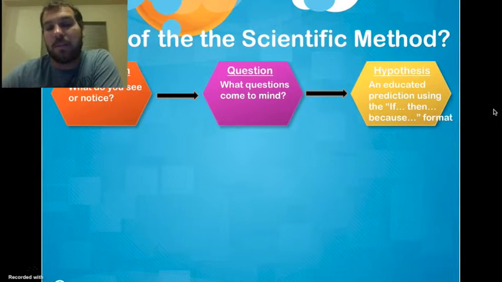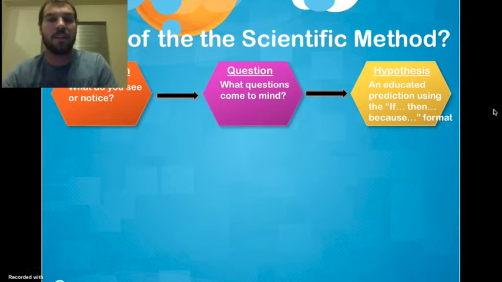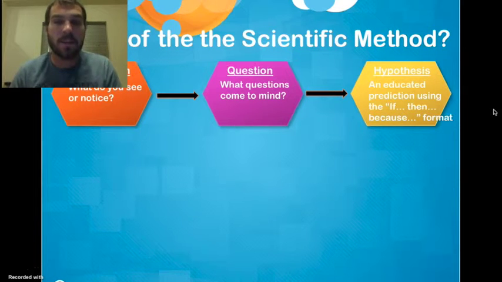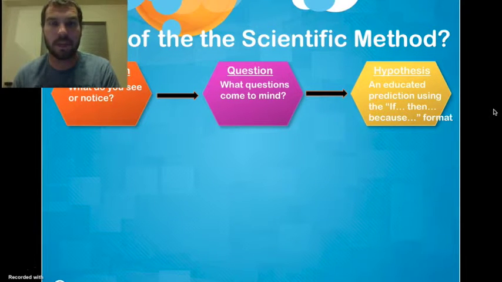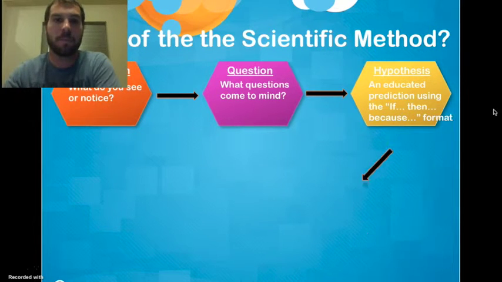Then the next step is a prediction, and in science these are educated predictions, and we call them hypotheses or a hypothesis. In middle school we write hypotheses in the form if, then, because. Later in the video we'll talk about how to write them.